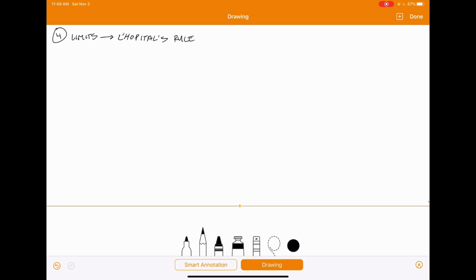If you've got something like find the limit as x goes to 1 of, I don't know, 4x squared over 3x, you're just going to plug in 1 everywhere there's an x. So 4 times 1 squared over 3 times 1, that's going to be 4 over 3. So that would be your answer.